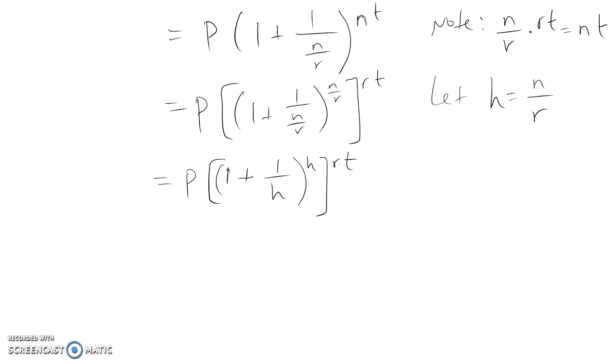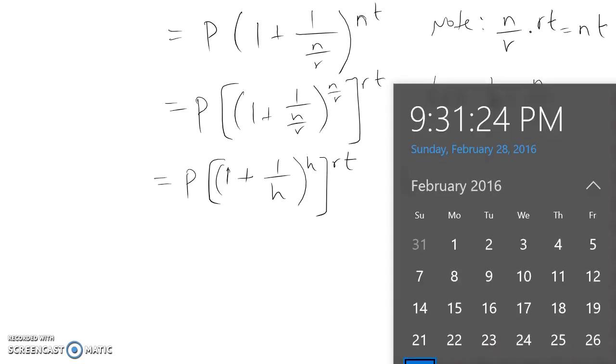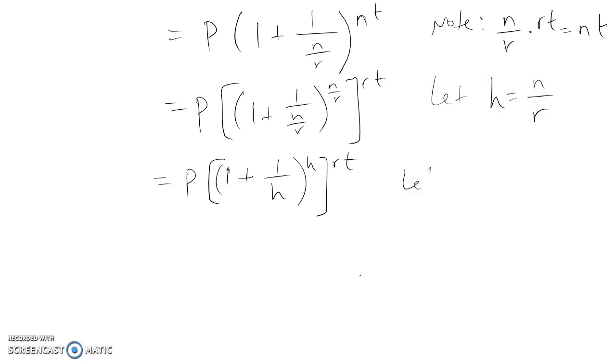Now what we're going to do is we're going to let H go to infinity. Because remember, what we were trying to look for was what happens as it compounds more and more and more, right? This is the idea that the number of times that the interest is going to be compounded gets larger and larger every second, every millisecond more. It heads toward infinity.